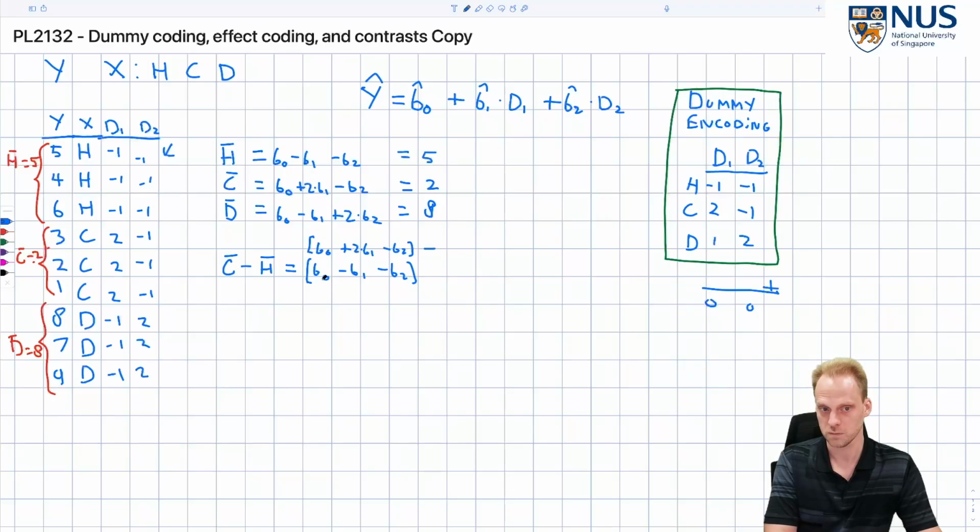So this minus that. So what do we get? Well, it's the same thing, it drops out. Same thing, drops out. So we have 2 times B1 minus B1 equals B1.